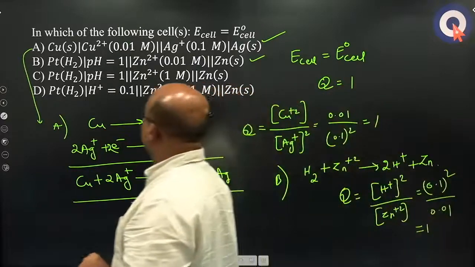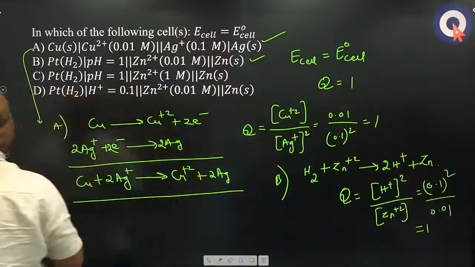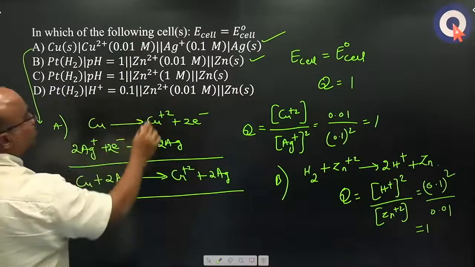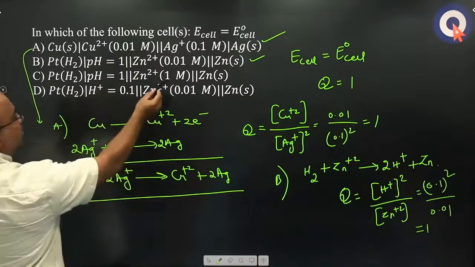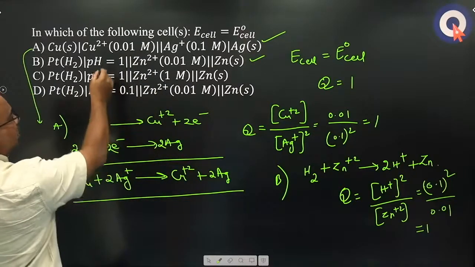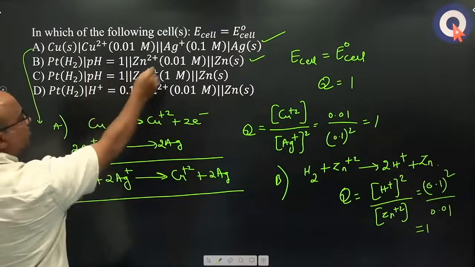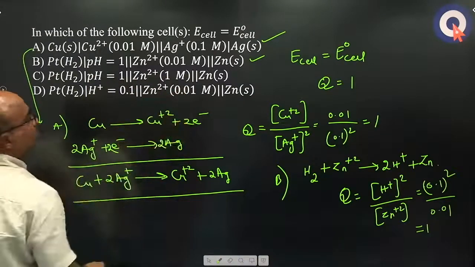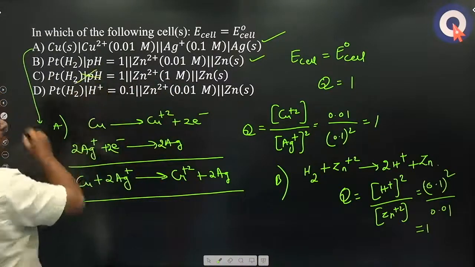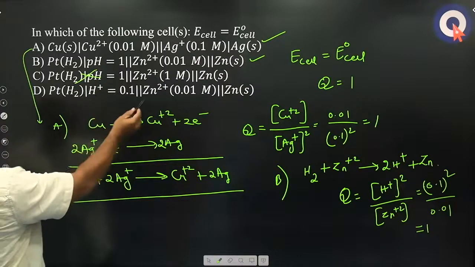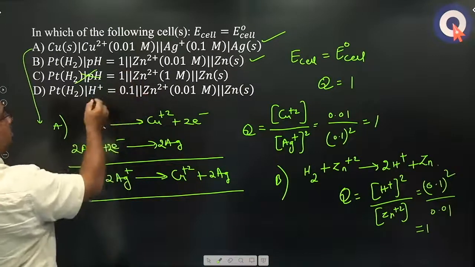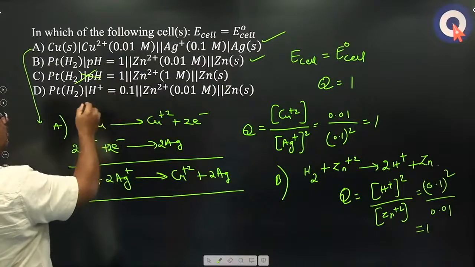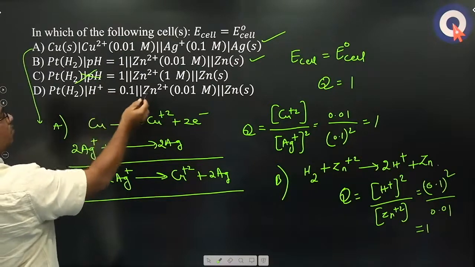Okay. So similarly in this, will it become equal now? No, because it is already 1. This is 1. So same condition at anode, but a different condition at cathode. So this cannot be the option. What is this now again? The same condition as this, because instead of giving pH as 1, he gave H plus concentration 0.1.